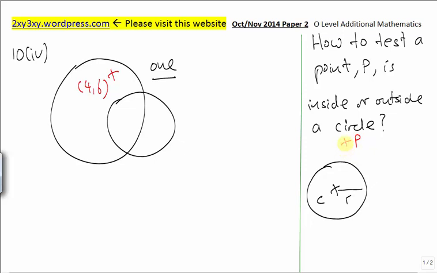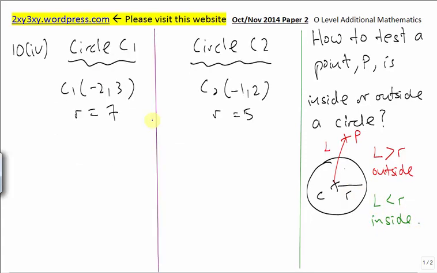What we can do is find the length from P to the center of the circle. If this length L is greater than the radius, we can say that the point P lies outside the circle. If the value of L is smaller than the value of the radius, we know that this point P lies inside the circle. From the previous question, we know the center and the radius of the two circles.